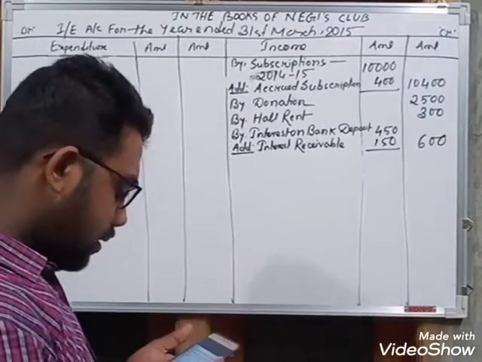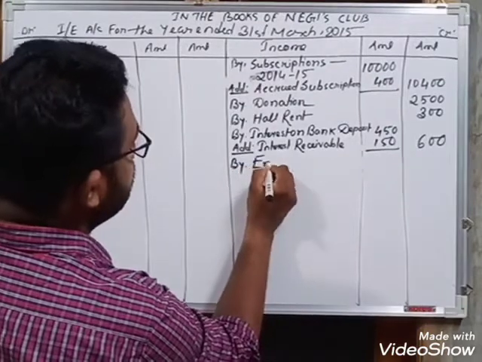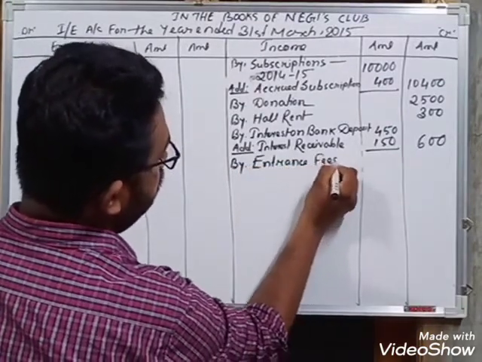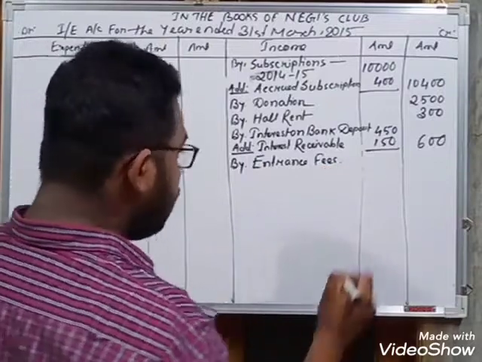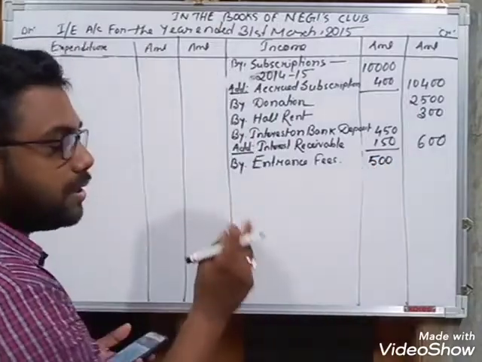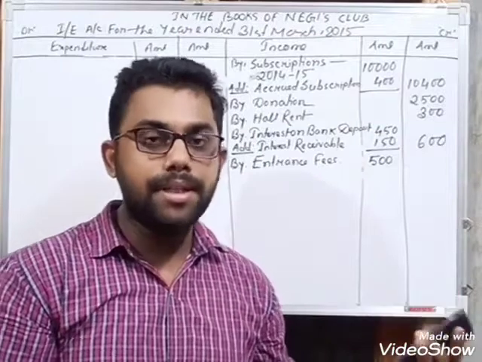Next, entrance fees, by entrance fees. Entrance fees is rupees 500. I have written it in the inner column because there we have to capitalize 50% and the remaining 50% is revenue income.